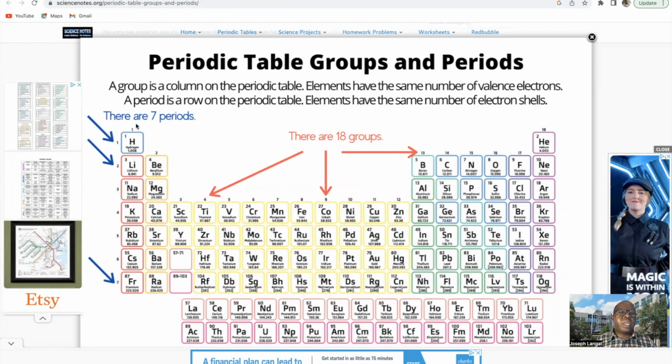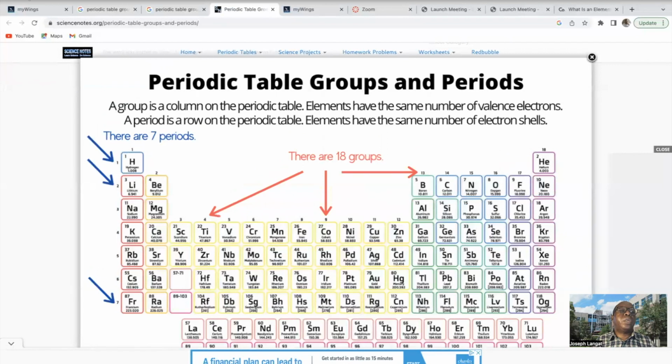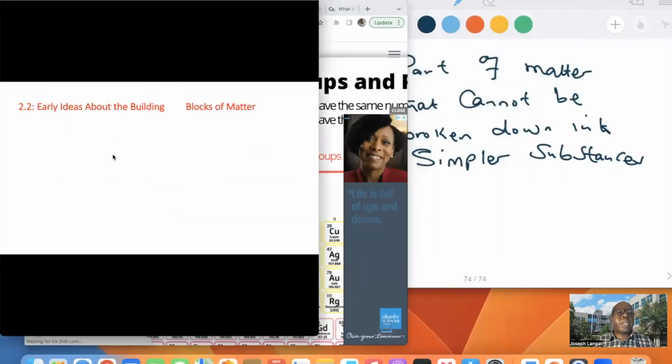To give you a heads up, please learn by memorizing the chemical symbols for the first 50 elements, and the most common ones among the transition metals. You should be able to break the periodic table into main group elements. We're going to talk about that, but this is the periodic table of elements, which we will look at in detail in chapter 2. So back to our PowerPoint slides.